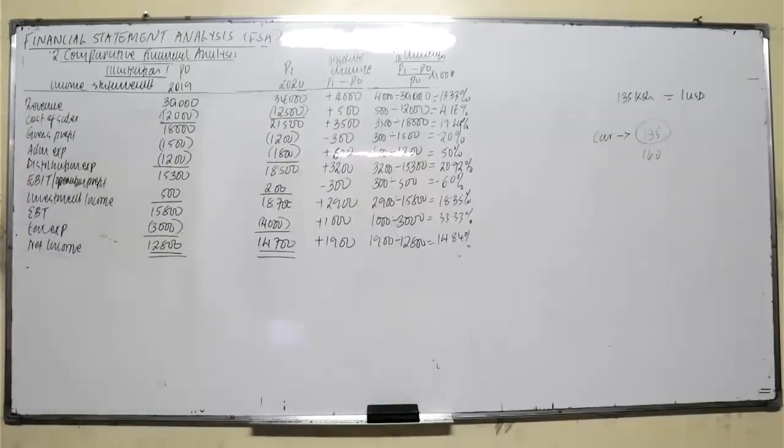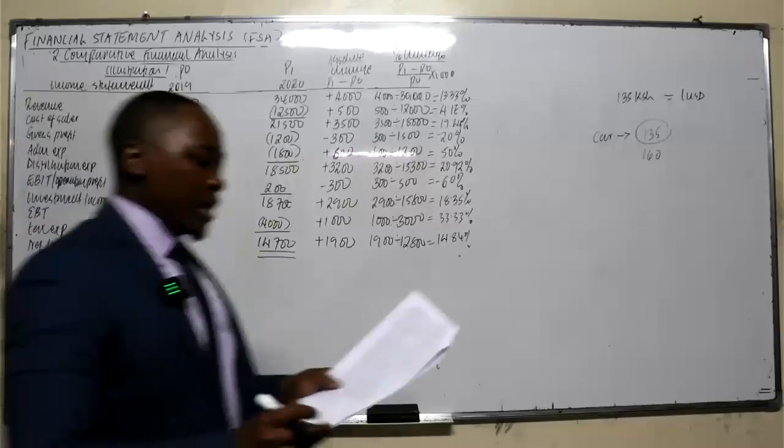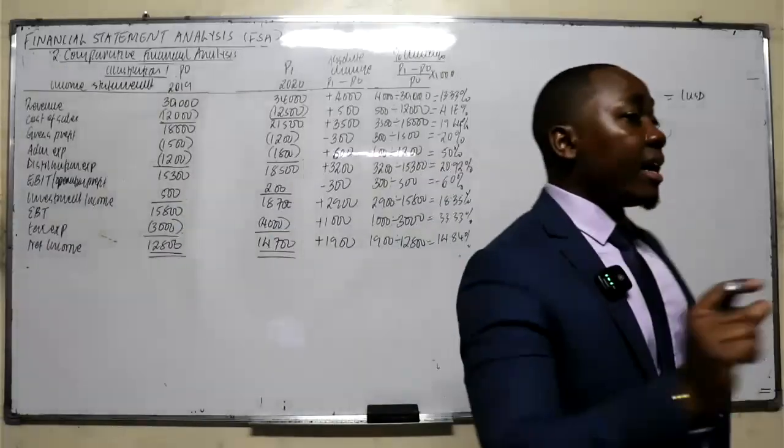Now let's go through the advantages. They are used to determine the ability of the company to meet its financial obligations, courtesy of liquidity ratios. Number 2, they indicate the extent to which the company has borrowed funds, courtesy of the gearing or leverage ratios. Also, they are used to compare the performance of the company with that of the industry. You always compare yourself against the industry; that is known as industrial analysis.